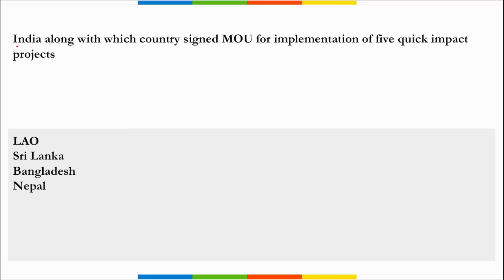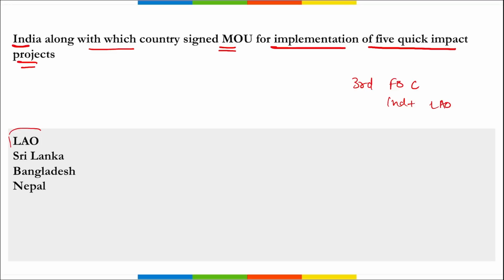Moving on, India along with which country signed MOU for implementation of 5 quick impact projects, right? So remember, recently the third round of the Foreign Office Consultation between India and Laos, the Lao People's Democratic Republic, was held recently, and this meet was held in Vietnam, correct?